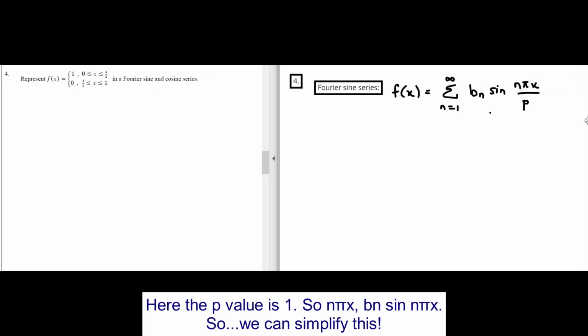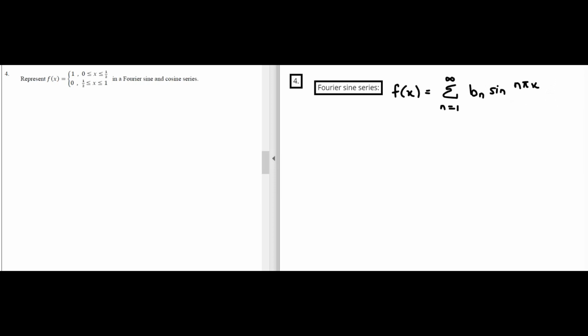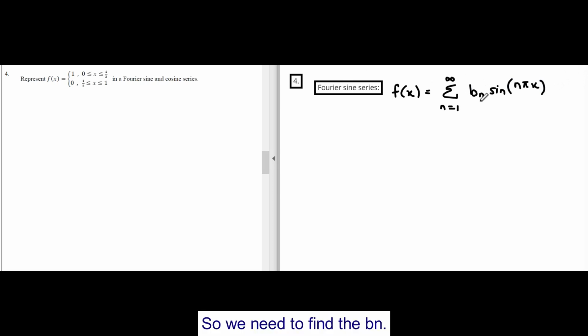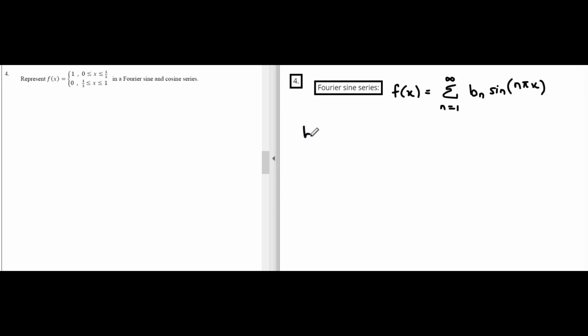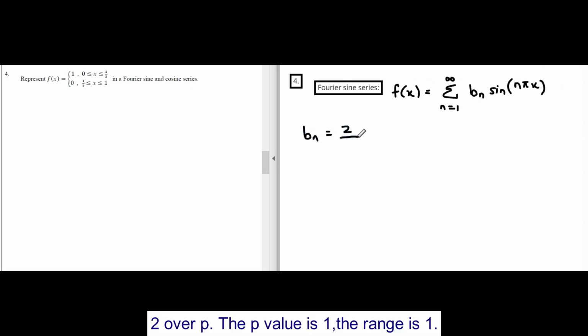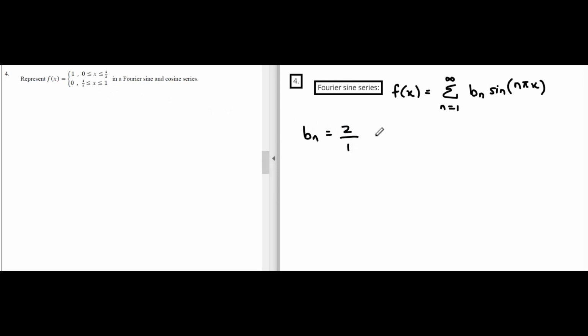So bn sine n pi x. So we can simplify this. So we need to find the bn. 2 over p. The p value is 1. The range is 1.